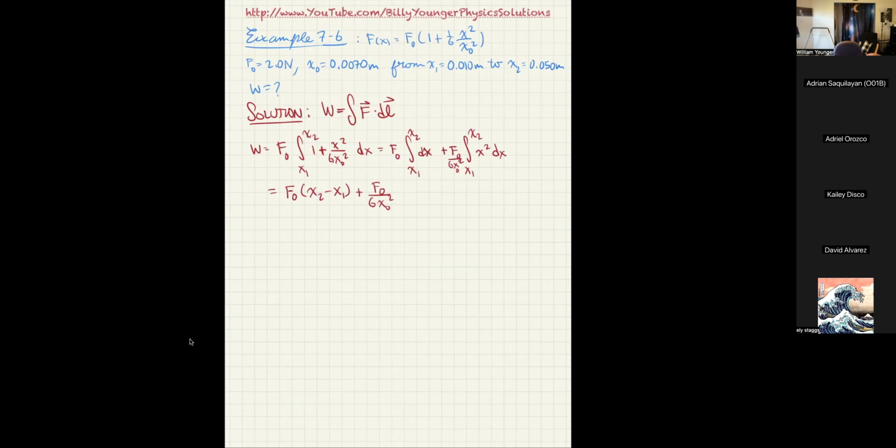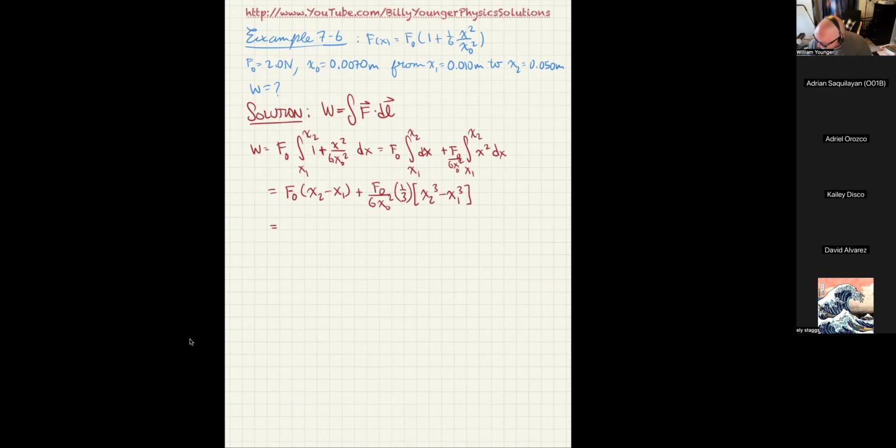And the integral of x squared is 1/3 x cubed. So I'm going to say 1/3, and now I have to evaluate the x cubed at x2, so that'd be x2 cubed minus x1 cubed. So that's basically the entire calculation we've got to do.